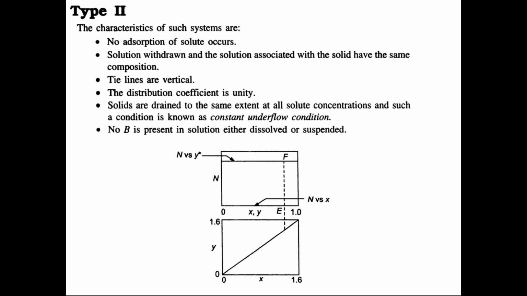So that sugar solution and the solution which you have separated will have the same concentration, because the sugar is having no adsorption onto the sand. Because of this nature, it will be equal.